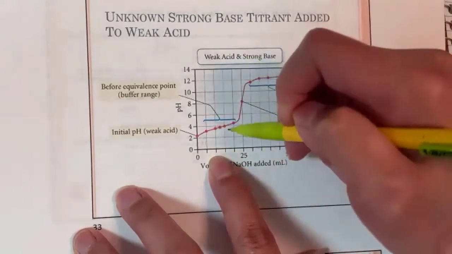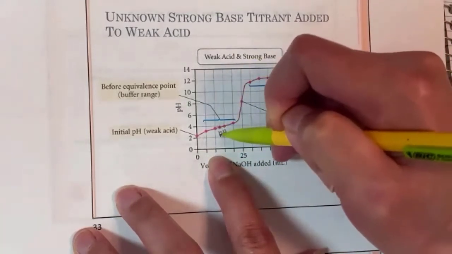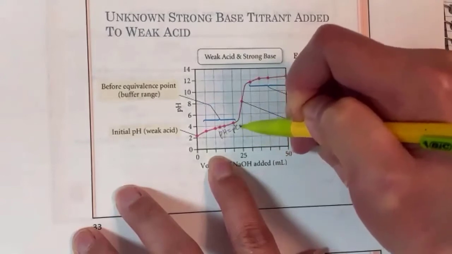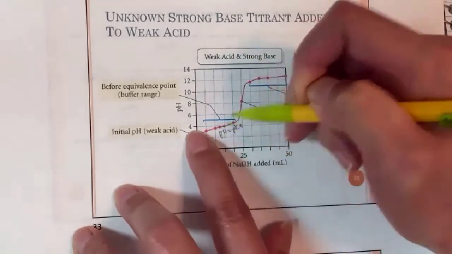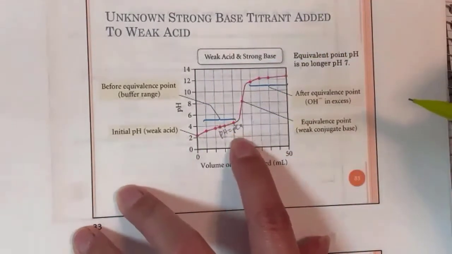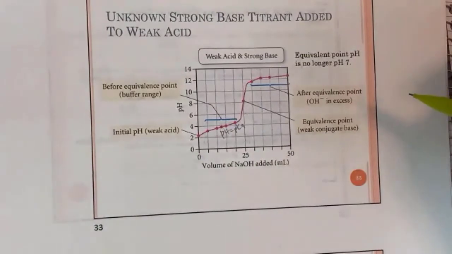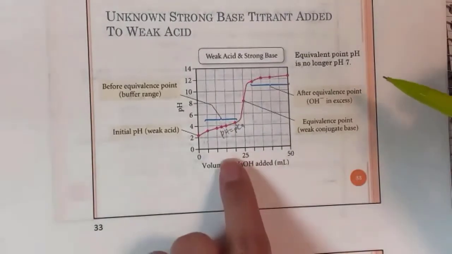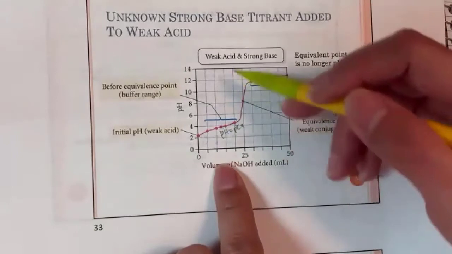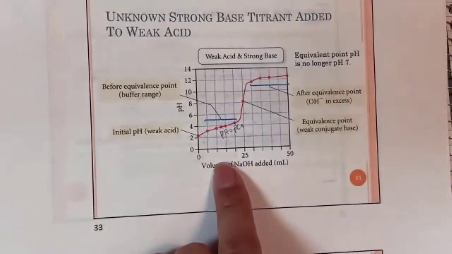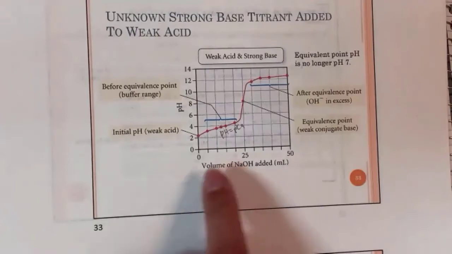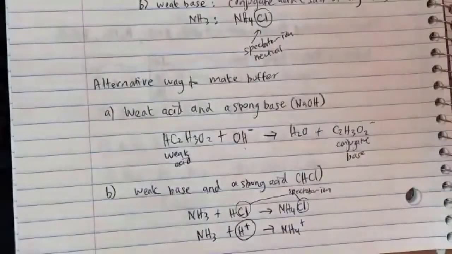Over here, you have pH at this point equal to the pKa. So the pH is almost 4, so your pKa is almost 4, whatever that value comes up to. Okay, so at half of the equivalence point, you will be able to find the pKa. All right, so let me draw this out.